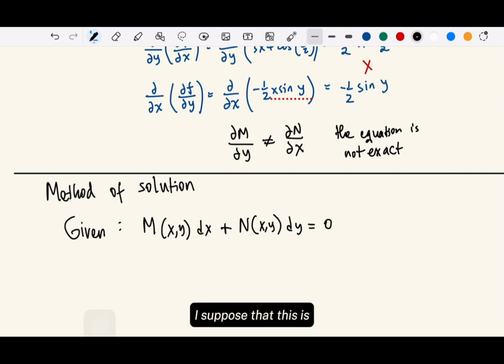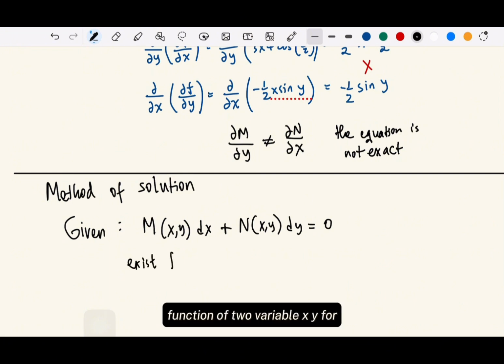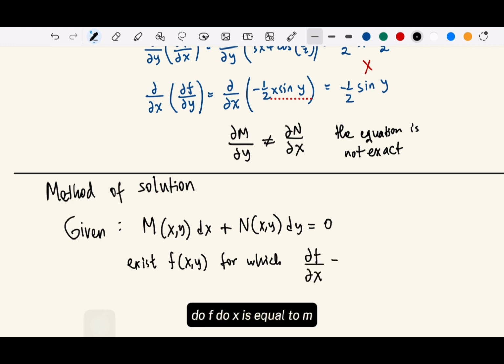Suppose that this exists, or let's say there exists a function of two variables x, y for which the dou f dou x is equal to M.